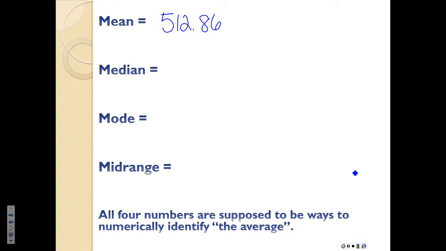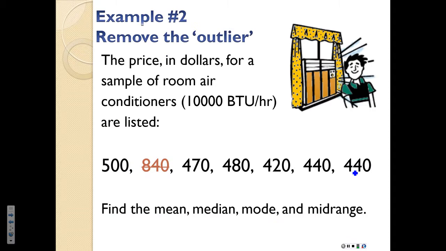Wait a minute though. Do we know a symbol for the word mean? Yes, you learned a symbol today for the word mean. Go back to your notes. Do you think this would be a sample or a population? Let's go back and look. What key word do you see in the problem? This says a sample of air conditioners.